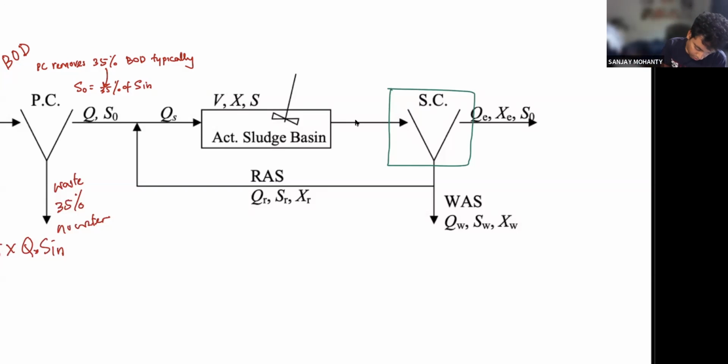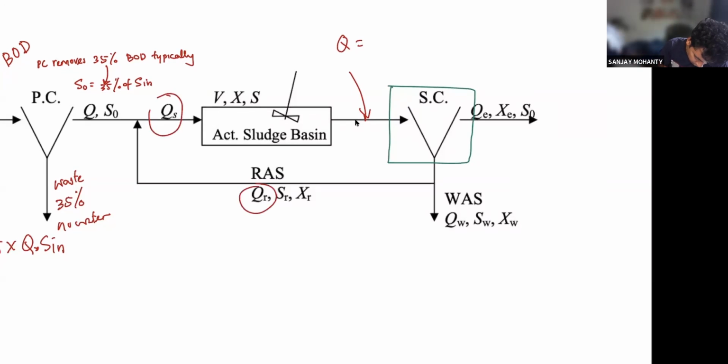Okay, so if you see what's the flow rate here, what's the flow rate here? Let me write in Q. So this same Q is coming in, and you see this is QS here, and this is QR.